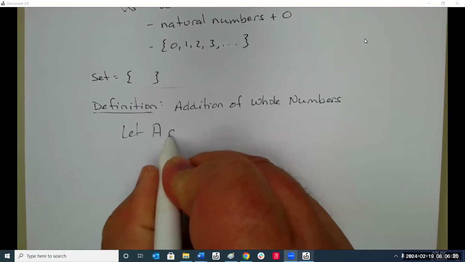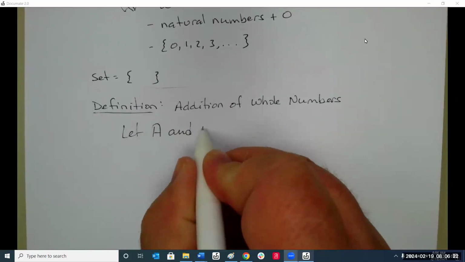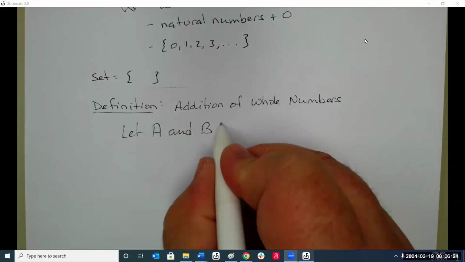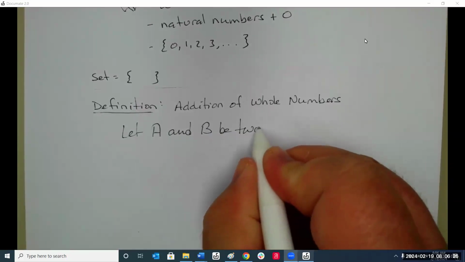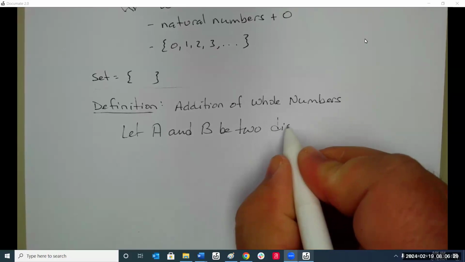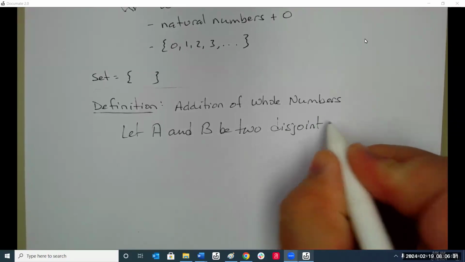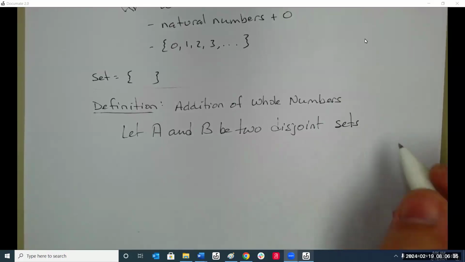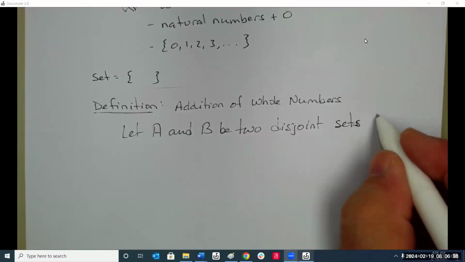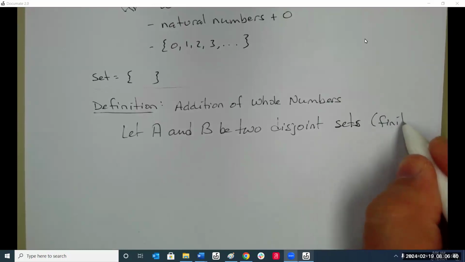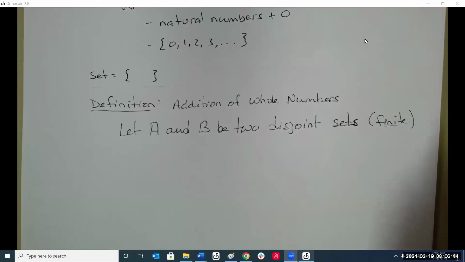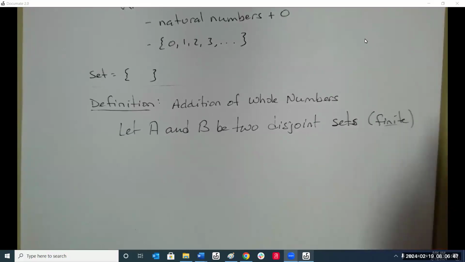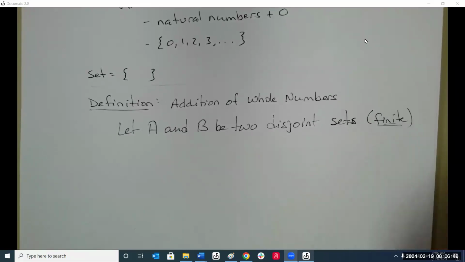Let A and B be two disjoint sets. They could be finite or they could be infinite. We're here when they're finite, because once we have finite, that means there are only 4 of them or 6 of them.